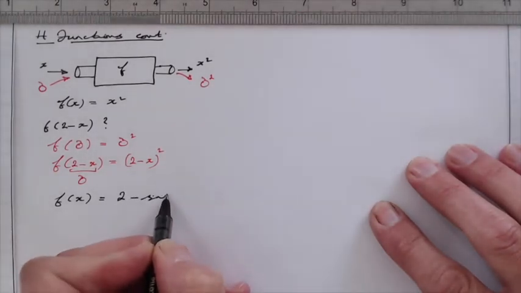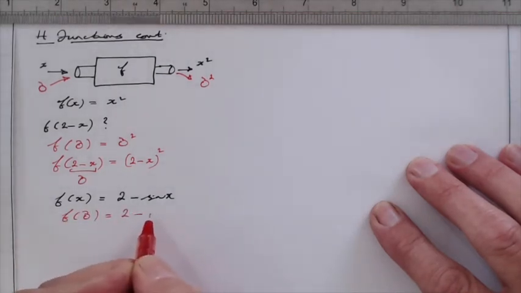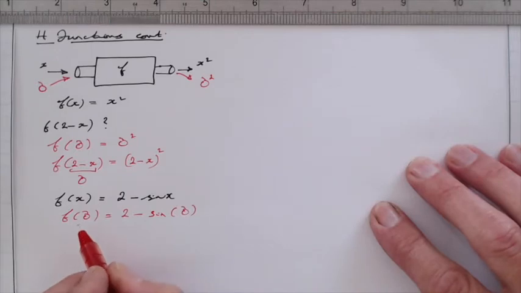That's my function. And what I would recommend is that you immediately think, right, f of apple is 2 minus sine of apple. So whatever the input to this machine is, that thing gets put into a sine function and then subtracted from 2.